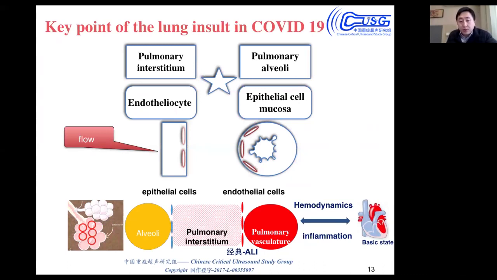So we can make a summary of the mechanism of COVID-19 in the two stages. Firstly, the epithelial cells are damaged in the very early stage, and hypoxia happens. The patient gets respiratory failure that may be very severe. And as the disease progresses, the damage extends to the vasculature, the endothelial cells and glycocalyx are damaged, the vasculature is broken, and leakage happens.